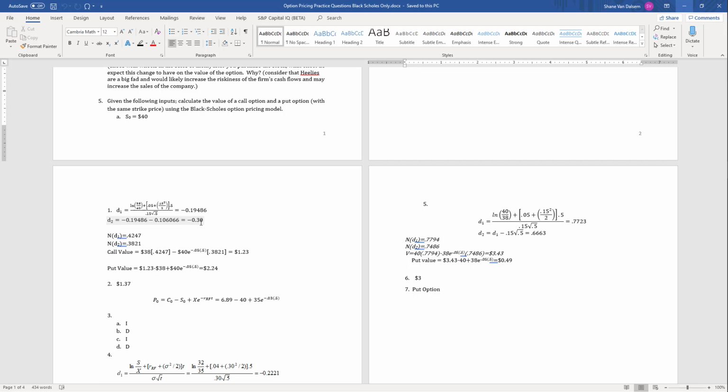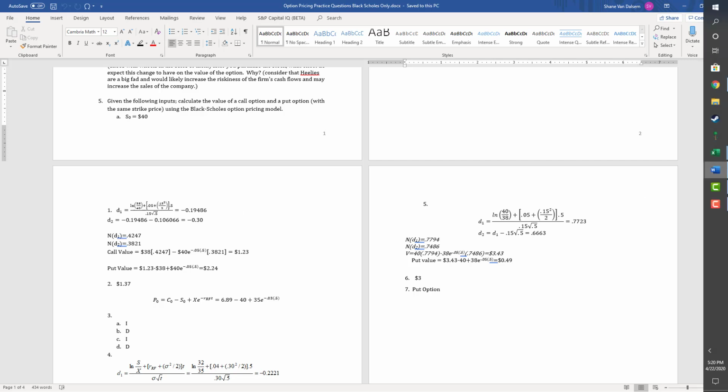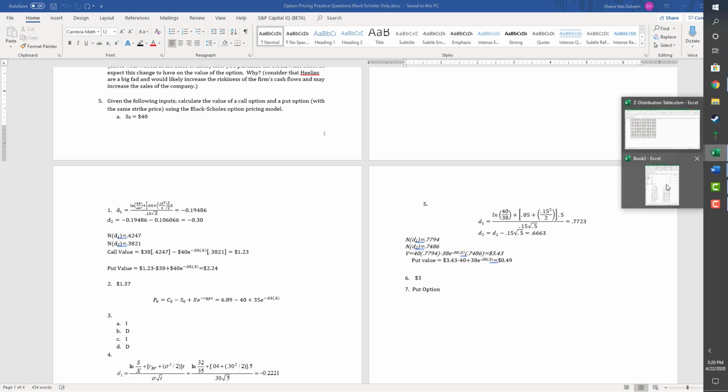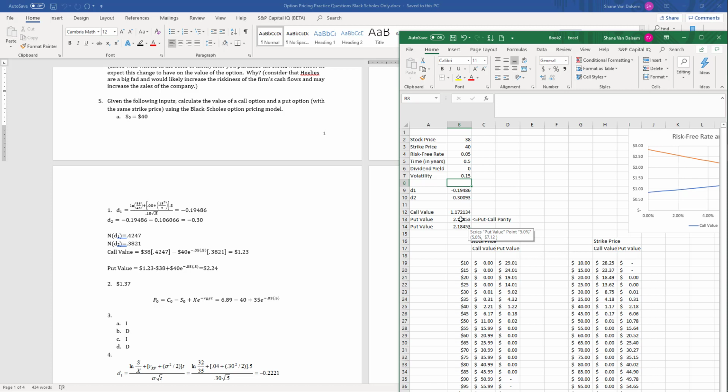So the number you get off of it is an estimate. In Excel, we're getting an exact number. So in Excel, when we work it, we get $1.17. If we do it by hand, we get $1.23, so it's off by about 6 cents. And then the put value, we get $2.18 in Excel, and by hand it's $2.24, off by 6 cents.